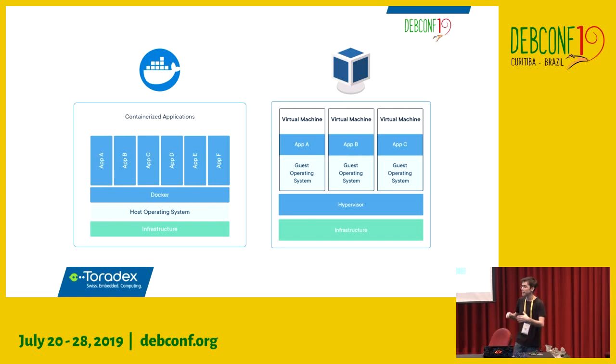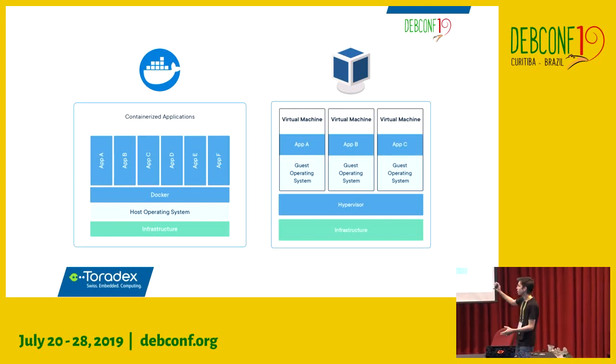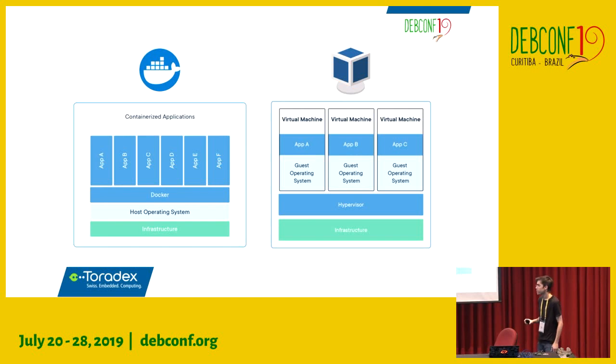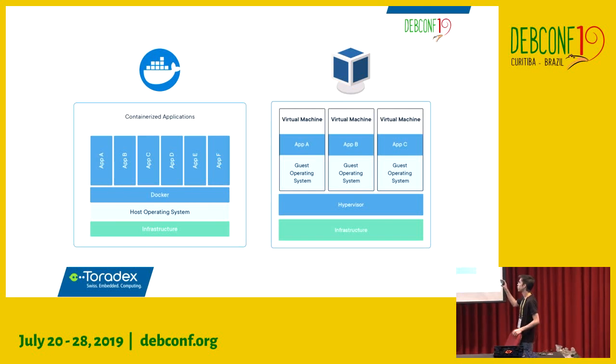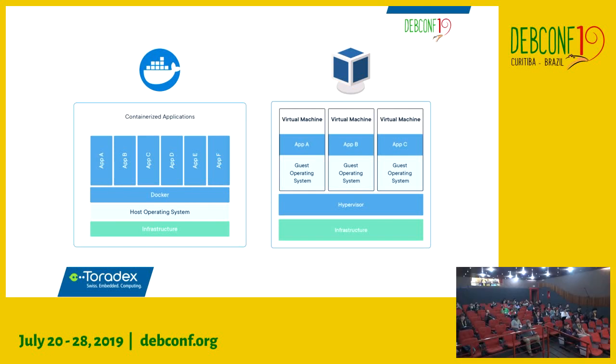We can run Debian 8, Debian 9, Debian 10 in each container, and they share the kernel, right? In a virtual machine, to do this, we have to virtualize everything, the user space and the kernel space and all the infrastructure.